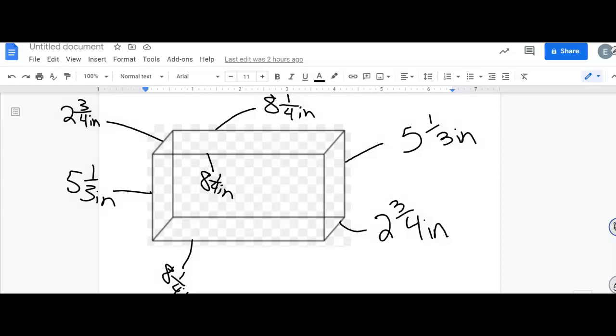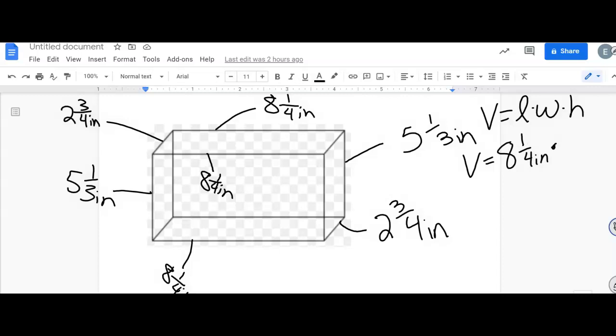All right, what is the formula for the volume of a rectangular prism? Liam? Volume equals length times width times height. What is the length of this rectangular prism? Caitlin? 8 1/4. I would agree with that. Inches times the width.